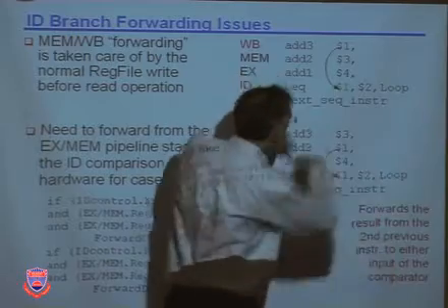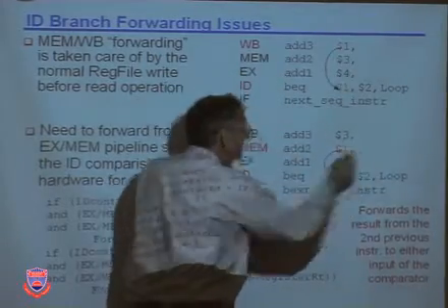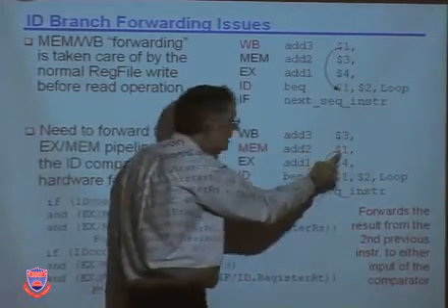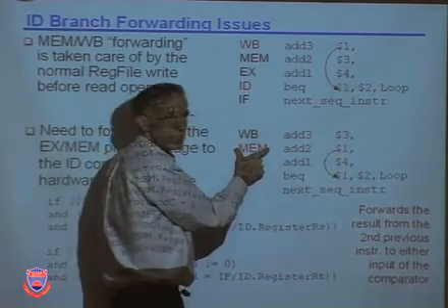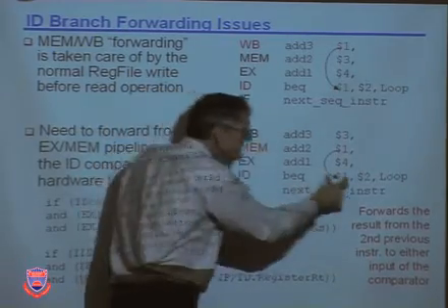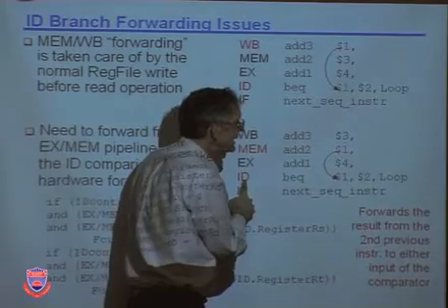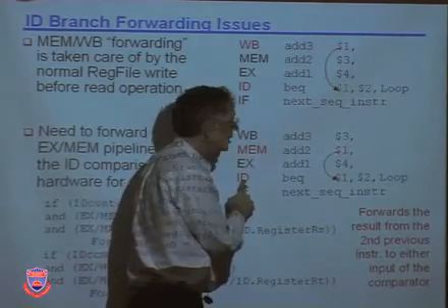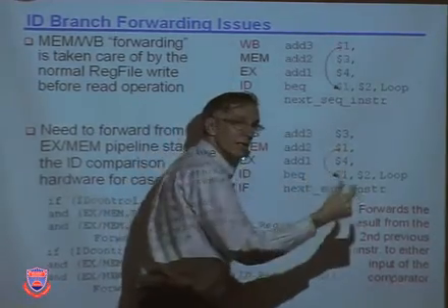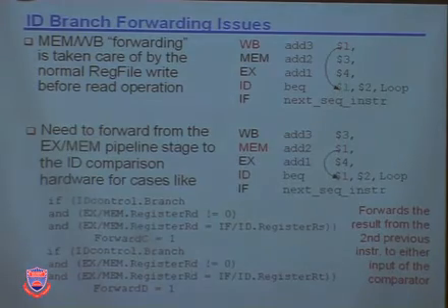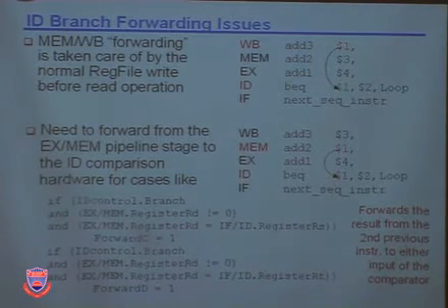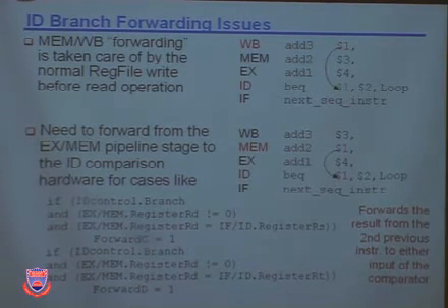Okay? Now I'm worried about this situation. Let's bring it a little closer. Now I'm writing it in the memory stage, and I've got to read it out in the decode. That means it's not in the register file. Where is it? Yeah, it's in one of the pipeline registers, partially computed.